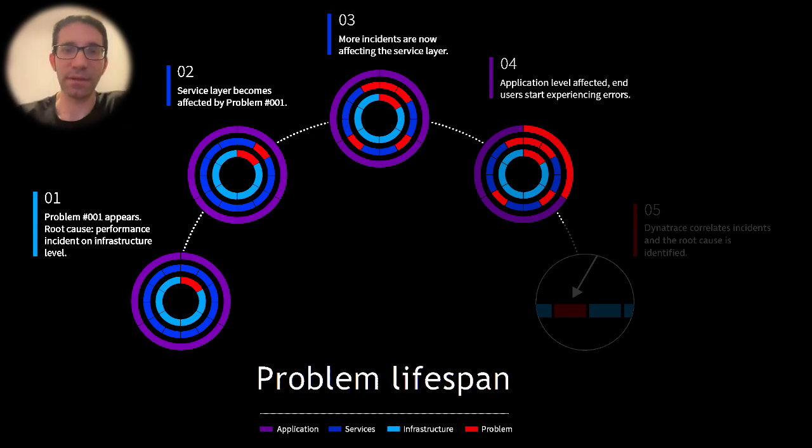This is when it would be brought at latest to the attention of admins. They would investigate. And the task of root cause analysis of our causal AI is then to find out what is the root cause of this problem. Problem being the application failure, and the root cause in this case being on the infrastructure some host which is not behaving properly.